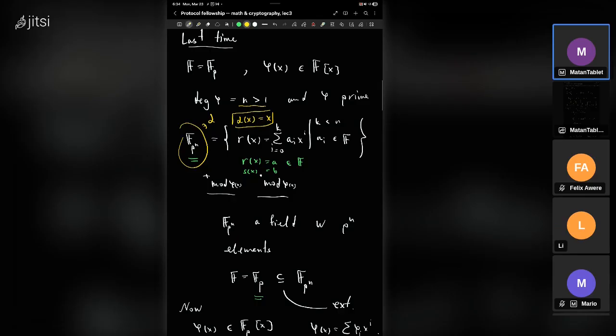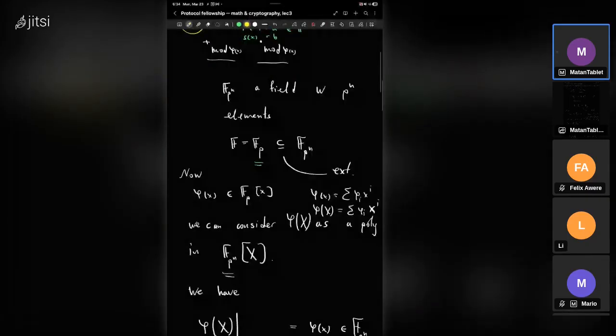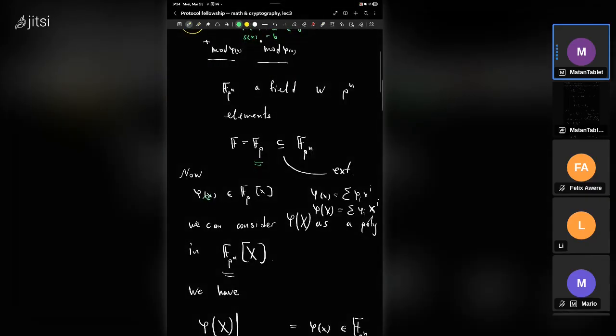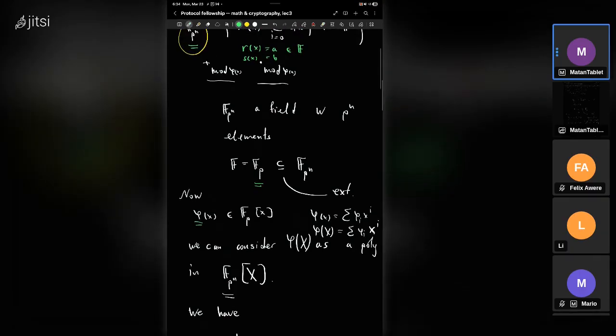Now I said phi is a polynomial over the original field Fp, but the original field Fp is contained in a bigger field, Fp to the n. How can phi be an element from the original field?